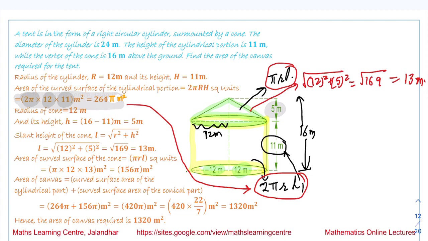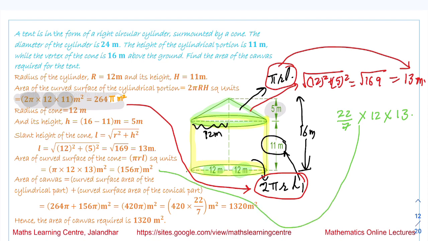Similarly, for the cone, when we substitute the values in this formula, pi r l, we have 22 by 7 into radius of this cone, which is 12, and slant height, which is 13. So when you solve this, you will get the answer 156 pi meter square.